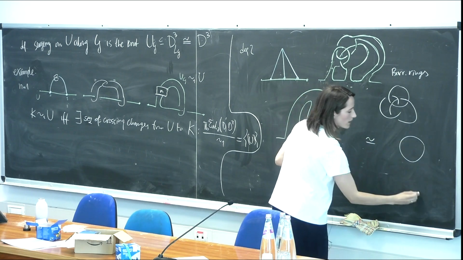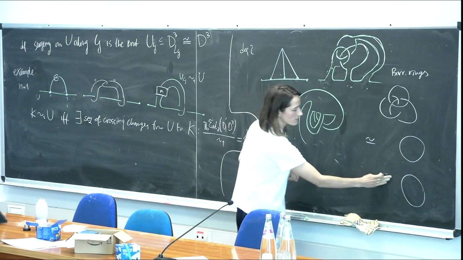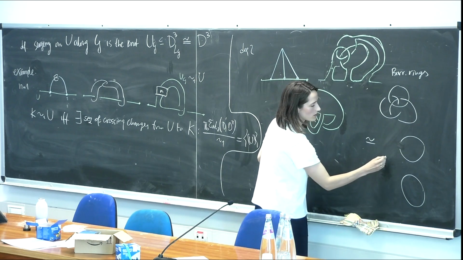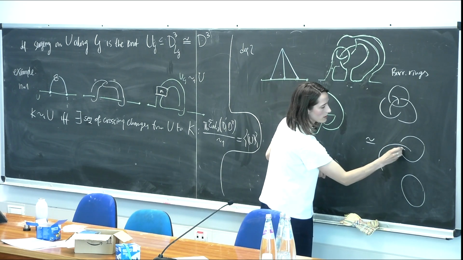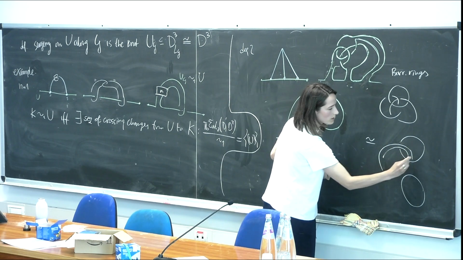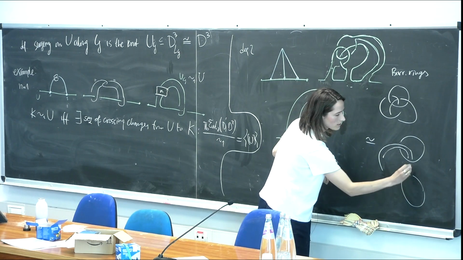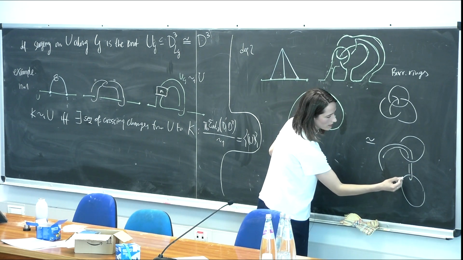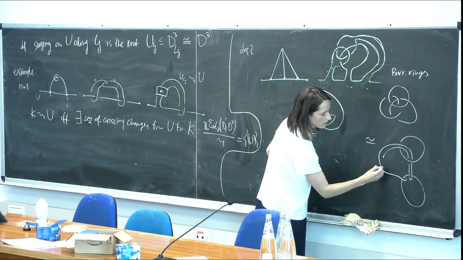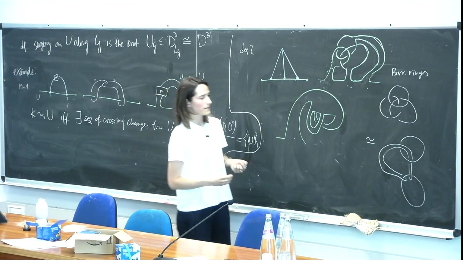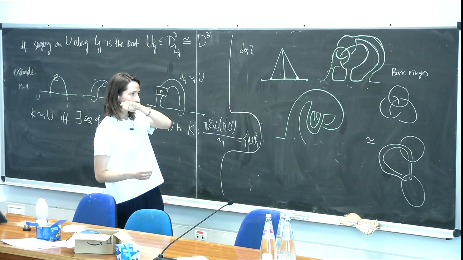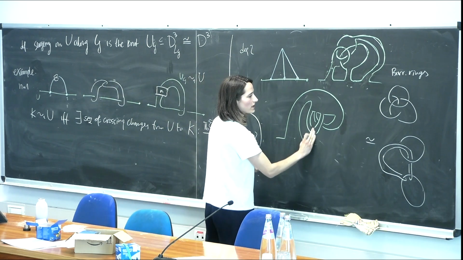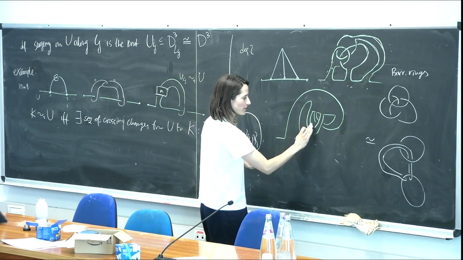You put away two components, so this is an exercise for you to see, and then you take the third component and really make the commutator of the first two. Here I take this, and here I take this. And then it's also isotopic to this picture.